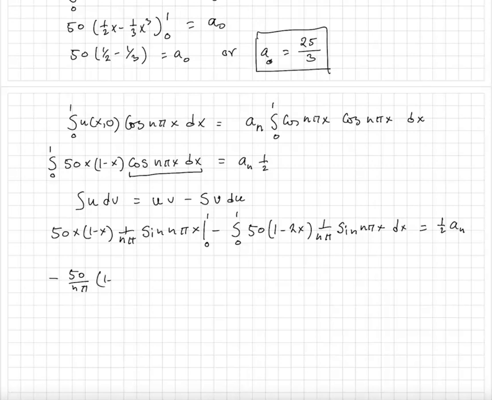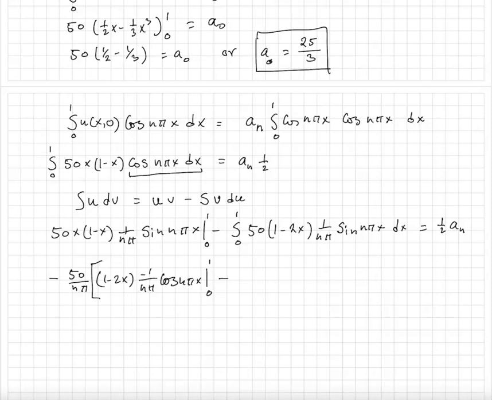So u is 1 minus 2x. Maybe I put a bracket to ignore the coefficient 50 by n pi. Maybe that would be a good idea. And then I have sine n pi x. The antiderivative of sine n pi x will be minus 1 by n pi cos n pi x, evaluated at 0 and 1.